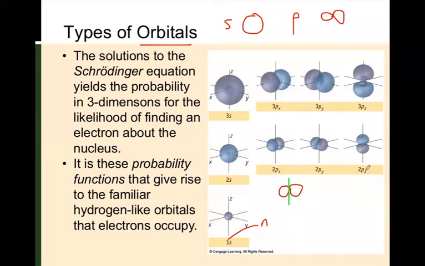And then the p orbitals, we have 3 of those, but we'll see how we can know that later on with quantum numbers. They orientate themselves orthogonally to each other, so that means they're 90 degrees to each other. So the px is pointing along the x-axis, py is pointing along the y-axis, and pz is pointing along the z-axis, up and down.